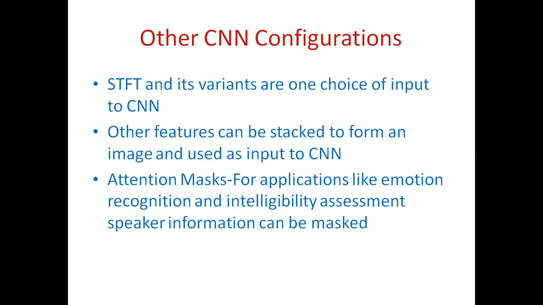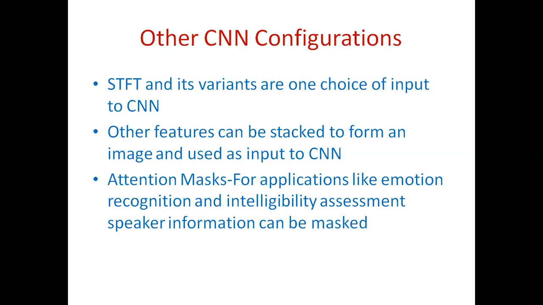We can also try giving some other inputs to CNN, and other features can be stacked to form an image and used as input. For example, some of you might have heard of MFCC, MEL frequency cepstral coefficients. You can just stack the MEL frequency cepstral coefficients one above the other in the form of an image and try giving it as input to CNN.